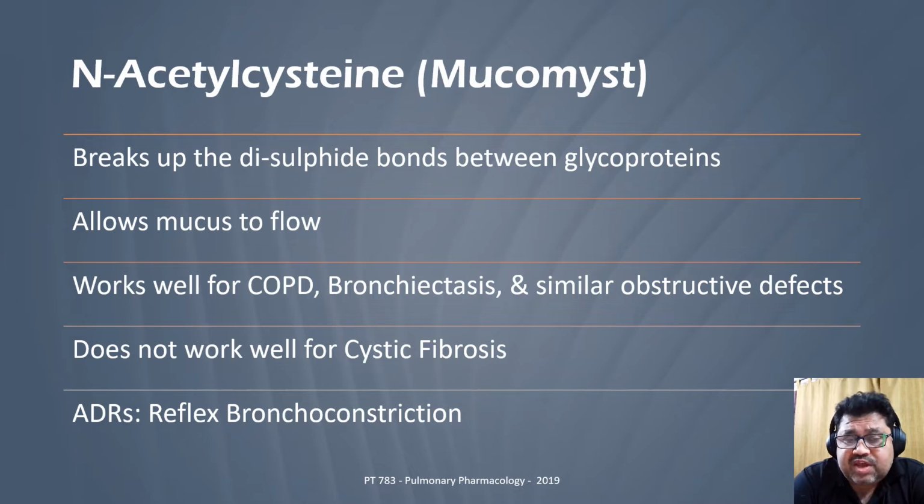The adverse reaction of Mucomyst is that it triggers a reflex bronchoconstriction that may be adverse, even because it's common to use Mucomyst in these disorders that produce mucus but also have bronchoconstriction that can be exacerbated by Mucomyst.